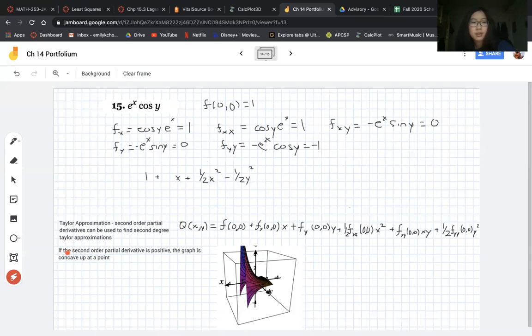And for concavity, if the second order partial derivative is positive, then the graph is concave up, and if it's negative, it's concave down. So in this situation, at 0, 0, we can see that the graph is concave up, and we can see here that fxx, the second derivative, evaluates to being positive, and that lines up with the graph.